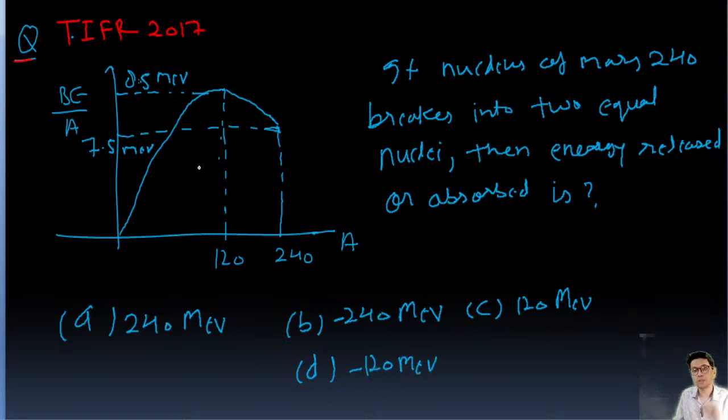So this is the question, guys. This is the graph given, binding energy per nucleon, and these are the nuclei. If a nucleus of mass 240 breaks into equal nuclei of mass 120, then energy released or absorbed means we need to find the Q value.